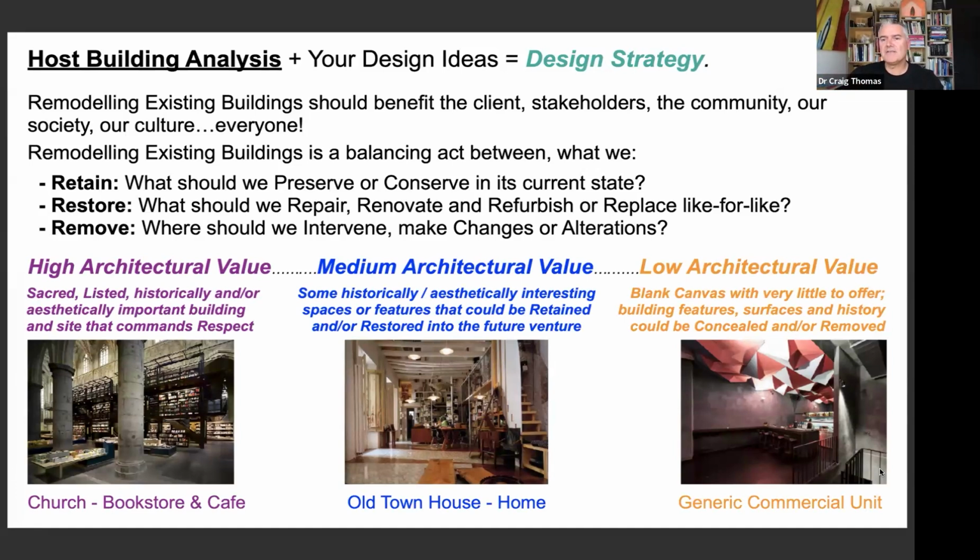Then on the other end of the spectrum, there's the lower value architecture, and then it's more like a blank canvas. And so the building features and the surfaces can be concealed or removed. And then there's all the stuff in between, buildings that may have some historic or aesthetic interest in spaces or features that could be retained or restored into that future venture.